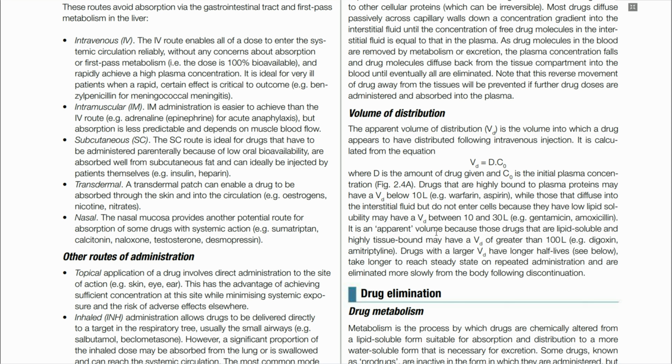It is an apparent volume because those drugs that are lipid soluble and highly tissue bound may have a VD of greater than 100 liters. Example: digoxin, amitriptyline. Drugs with a larger VD have longer half-lives, take longer to reach steady state on repeated administration, and are eliminated more slowly from the body following discontinuation.